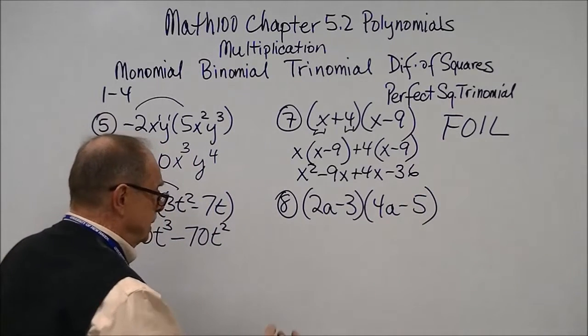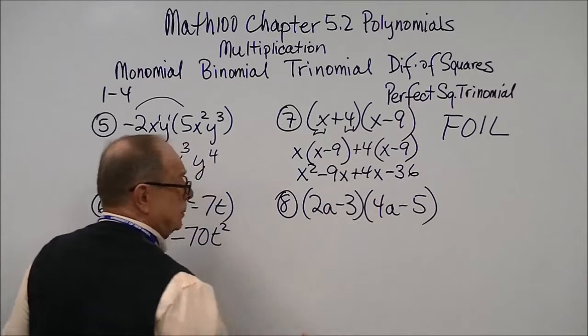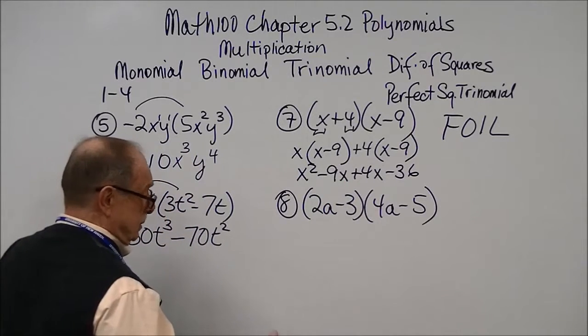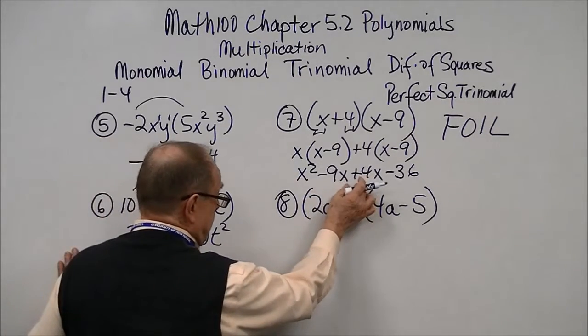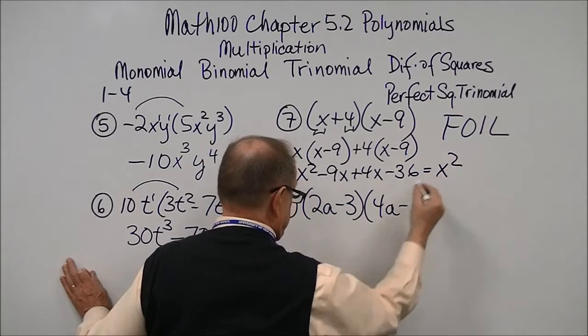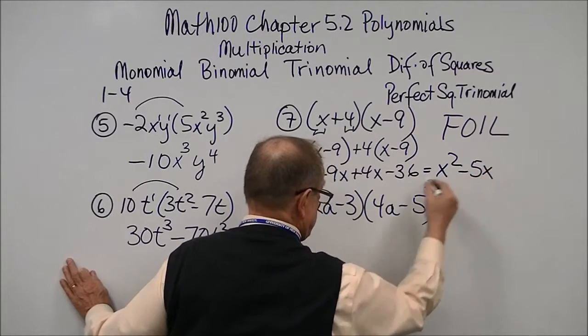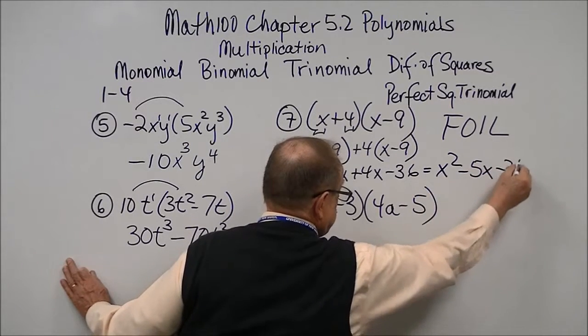You'll notice an interesting thing often occurs: in the middle there are two terms that are like terms. So you have to add these up, and you're going to get x squared minus 5x minus 36.